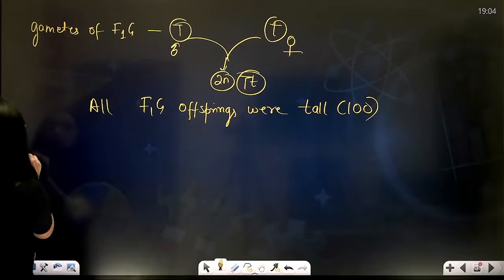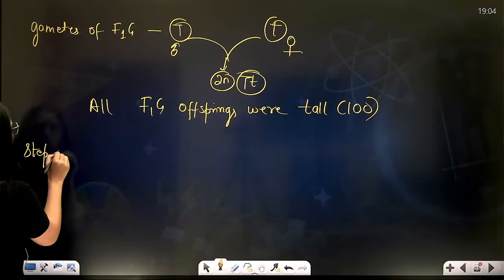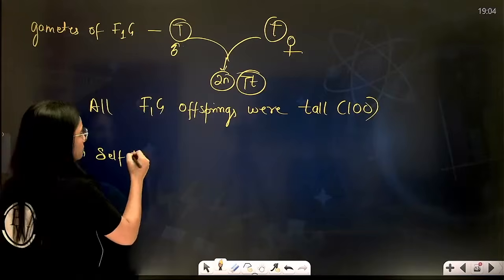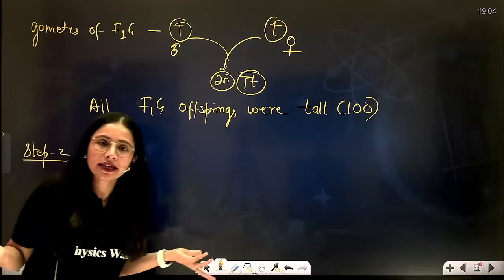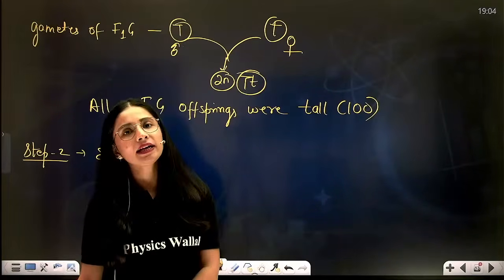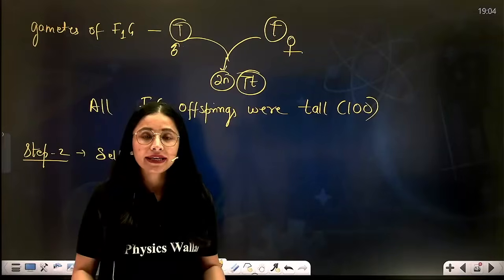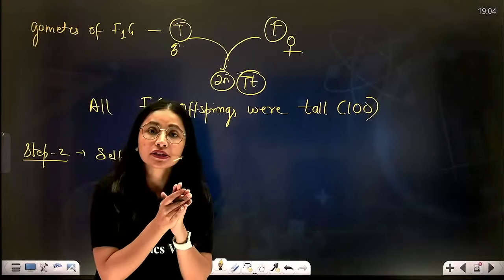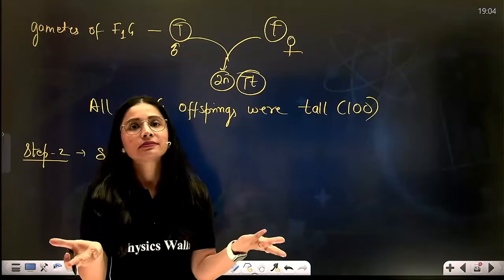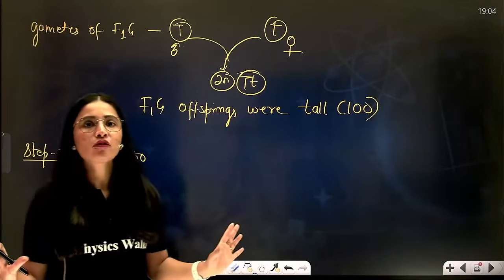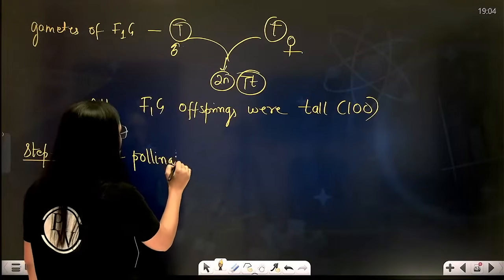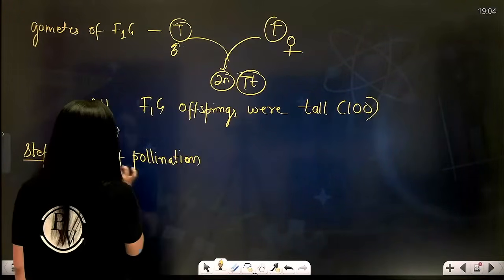So now, step number 2 is self-pollination. In this step, Mendel had to do nothing. He had to just wait and watch. Why? Because the pea is a bisexual flower. It itself will perform self-pollination. So, Mendel did not have the headache of performing self-pollination.